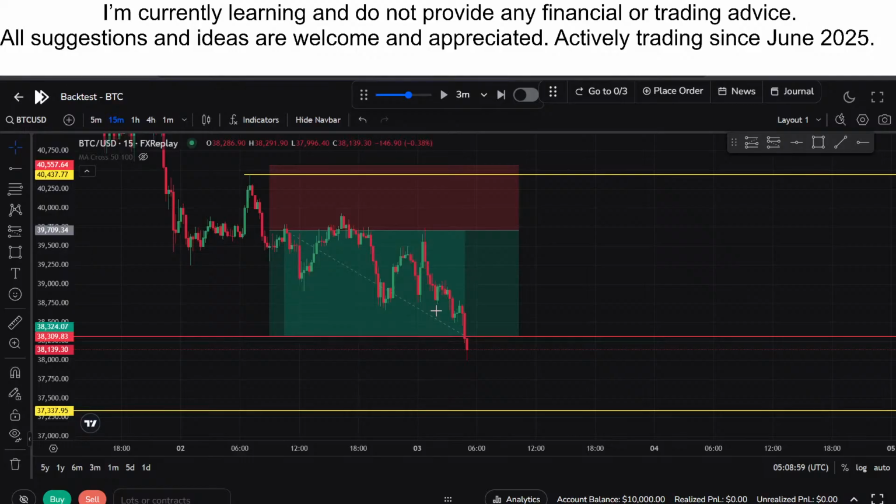Better to miss the trade rather than entering the wrong trade because of FOMO. Okay, what I have learned is just be patient and let the trade run and hit your stop loss or take profit.